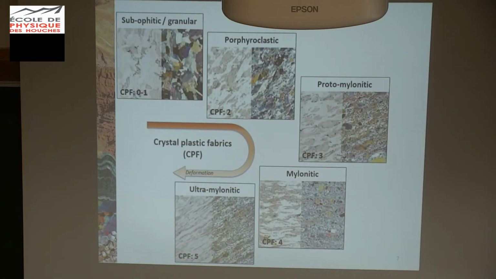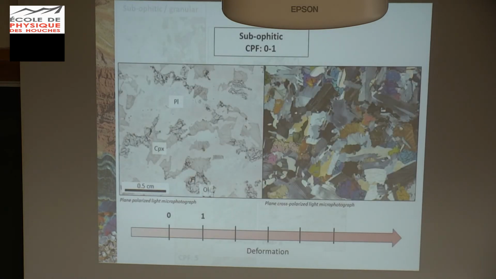Speaking about microstructures, here are all the microstructures we can see in the hole, from undeformed microstructures to highly deformed ones. Let's look closely. When the gabbros are not deformed, you have this nice microstructure with tabular euhedral shape of plagioclase.